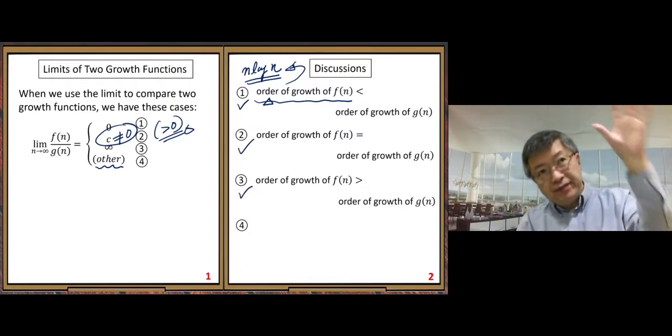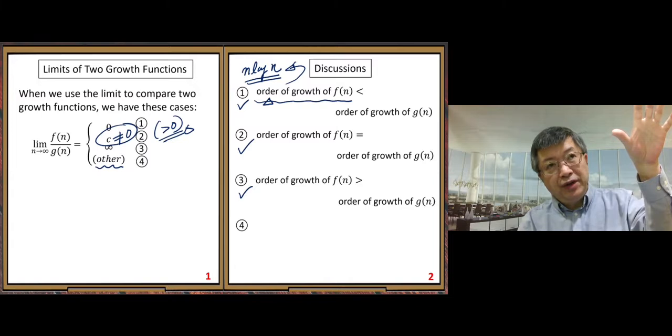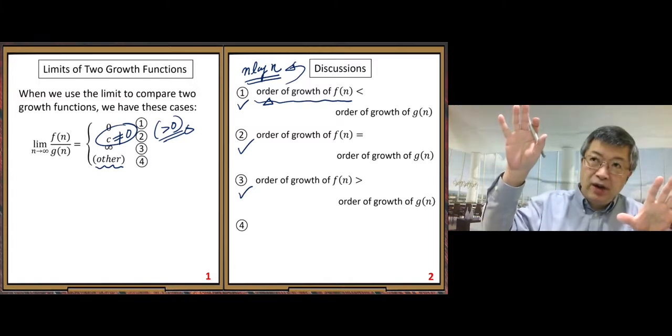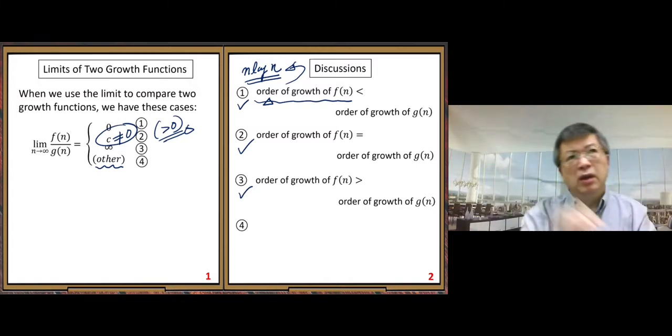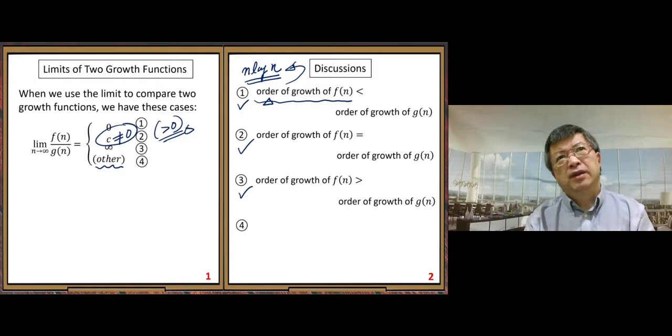Any of the three orderings could be possible. Could be the order of the numerator less than the order of the denominator. Now here we should be careful.